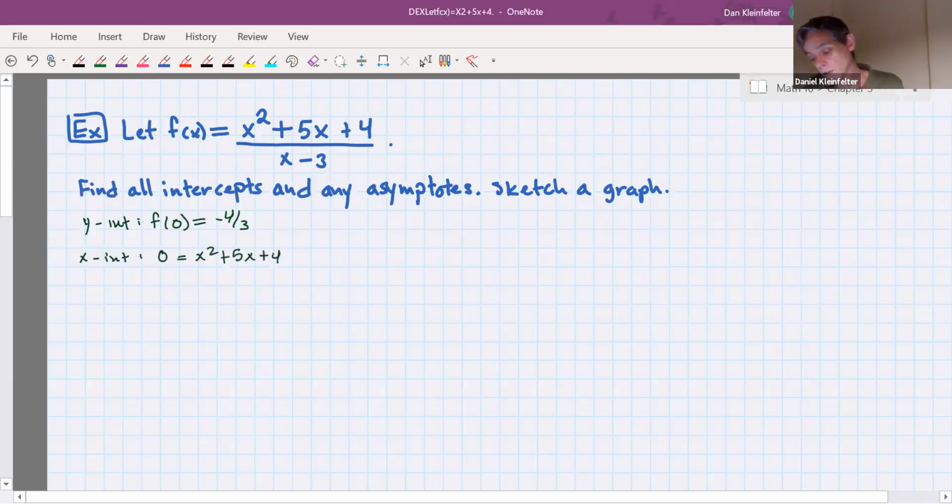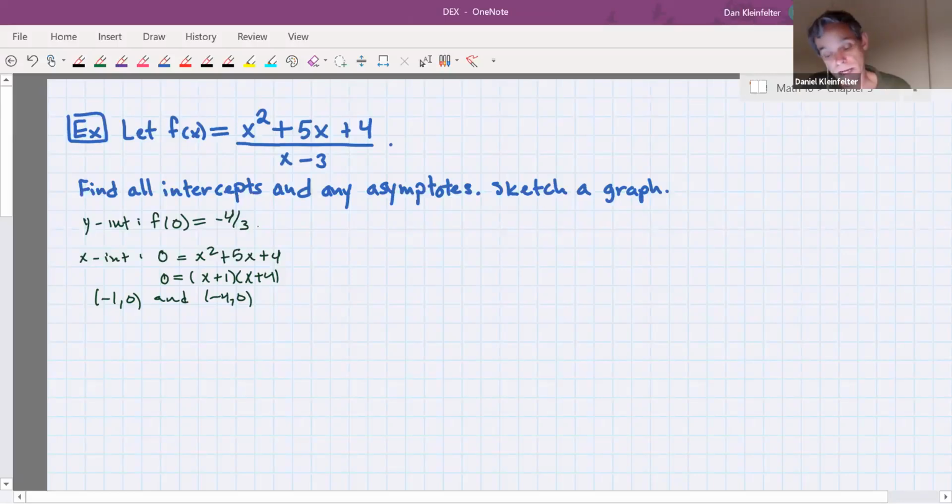All right, so this will factor as x plus 1, x plus 4, right? So we're going to have two intercepts, one at -1 and one at -4. So we'll have (-1, 0) and (-4, 0) for our two x-intercepts, and there was one y-intercept.